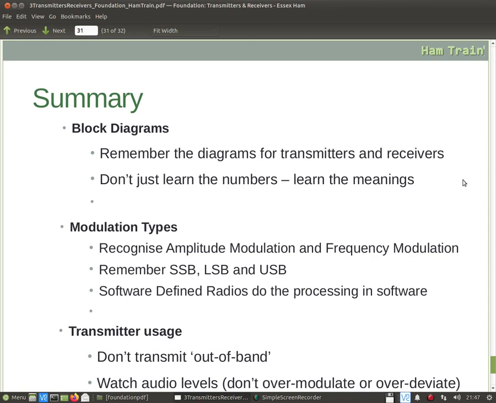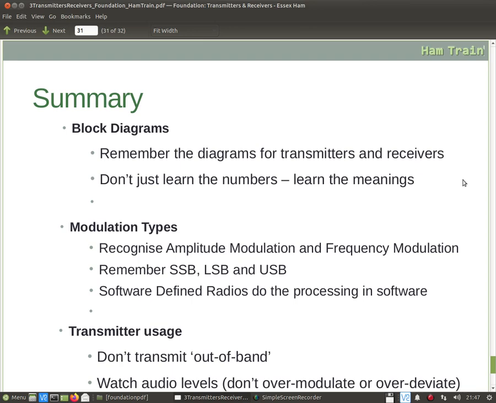So in summary, we've seen the block diagrams. We need to remember the diagrams for transmitters and receivers, since there's almost certainly a question in the exam on these. It's important not just to learn the numbers, but to learn the meanings of what each stage is.